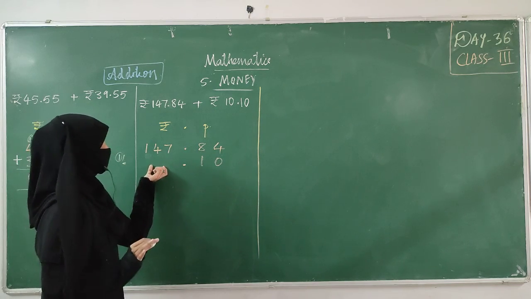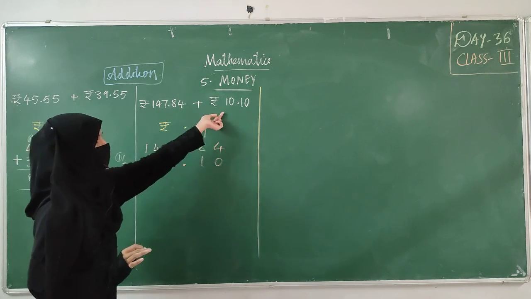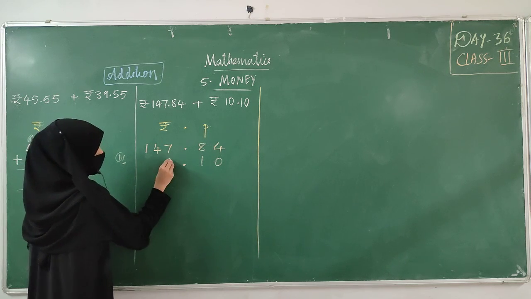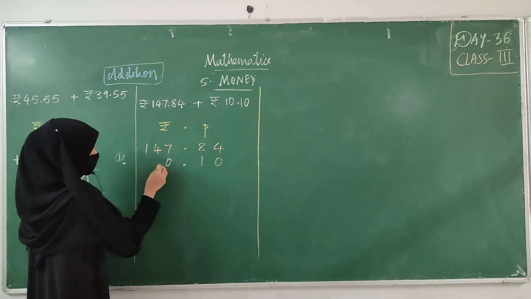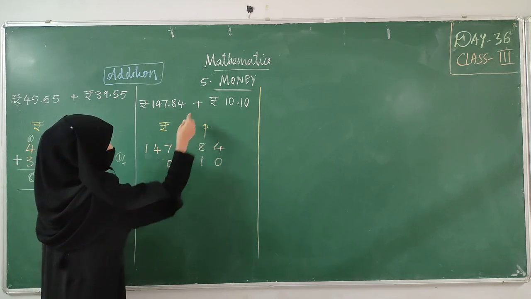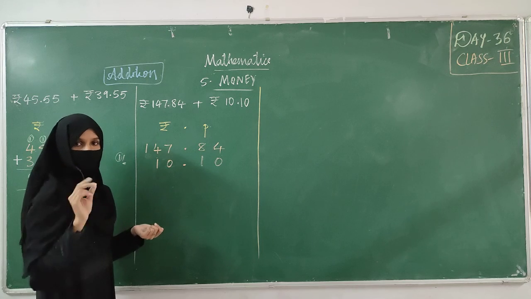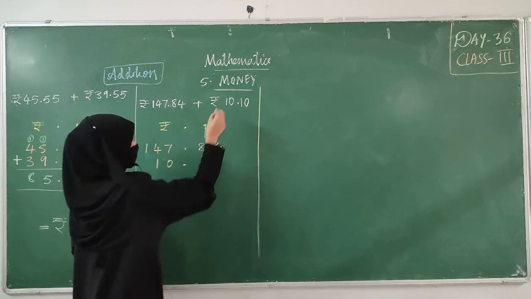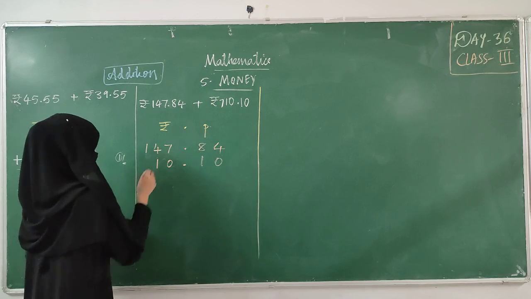If there is any question where you have to add a 2-digit number to a 3-digit number, start after the point. Before the point you have 0, then after that you have 1. Write like this. Put the points, then substitute the values. But in this question you have 7 over here, so I'll add the 7.